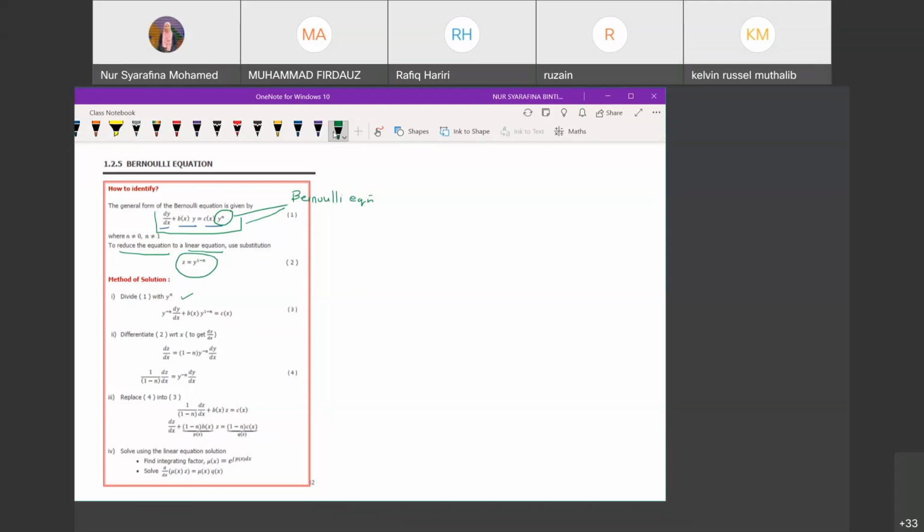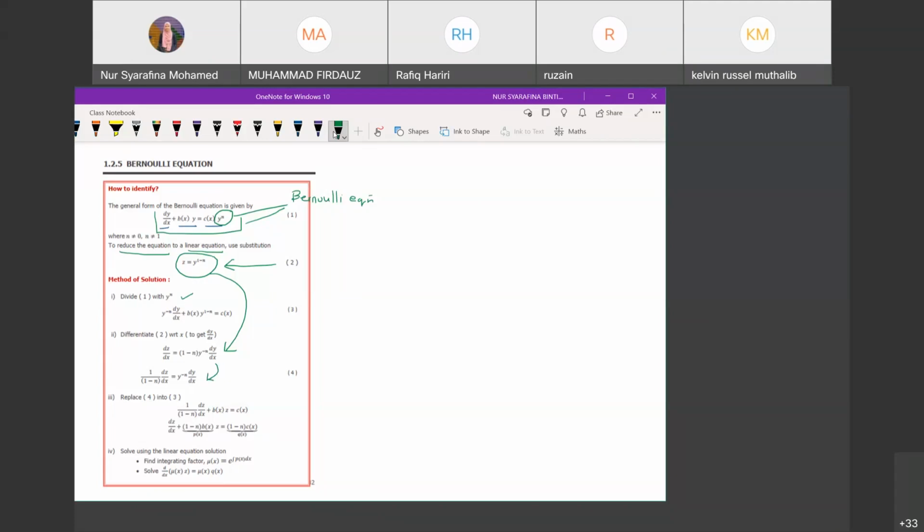So now it becomes y^(-n) dy/dx + b(x)y^(1-n) = c(x). Second, differentiate the substitution equation with respect to x to get dy/dx. So z becomes dz/dx, and y^(1-n) becomes (1-n)y^(-n) dy/dx. From here, just simplify to get your dy/dx.